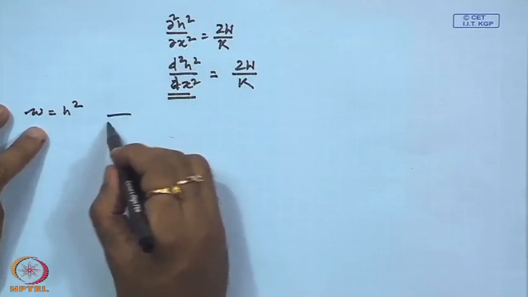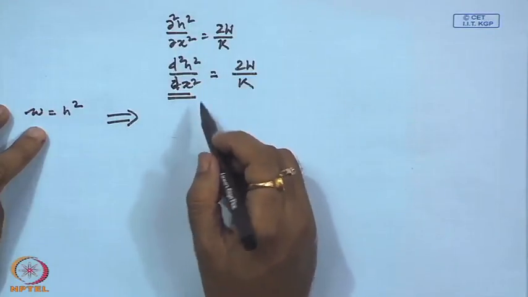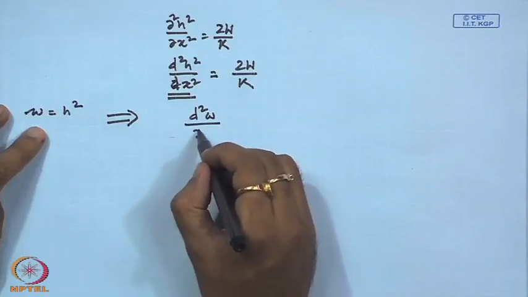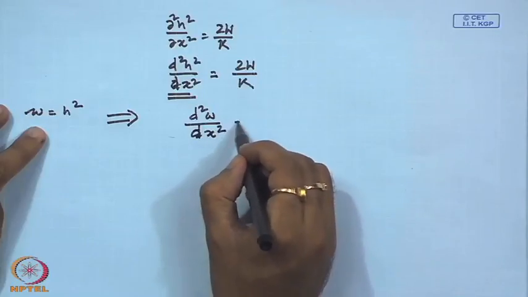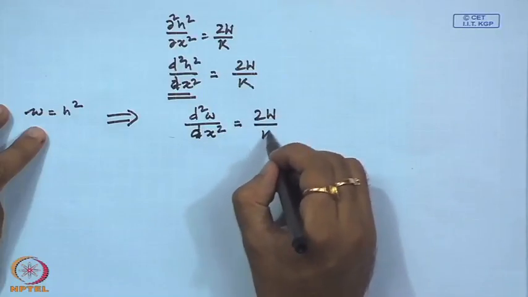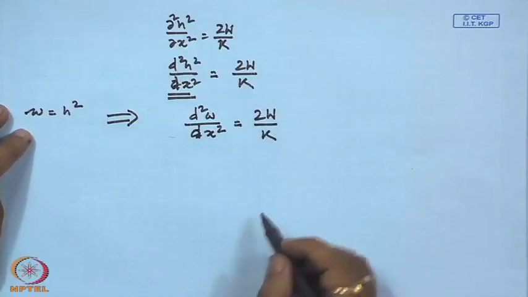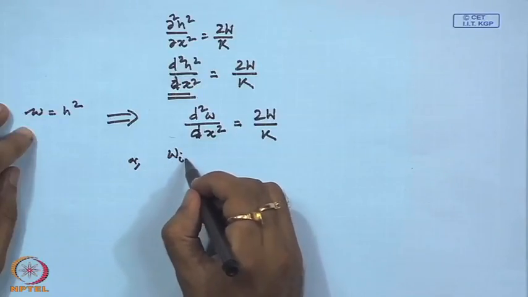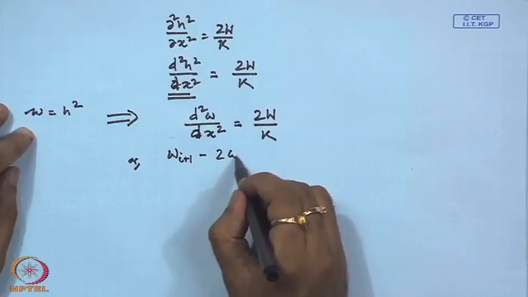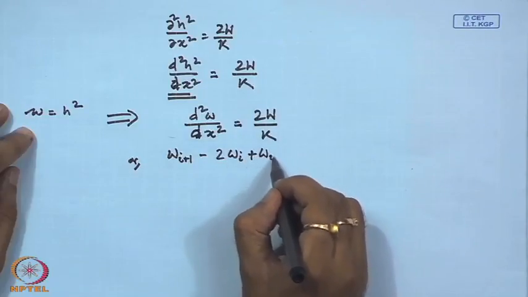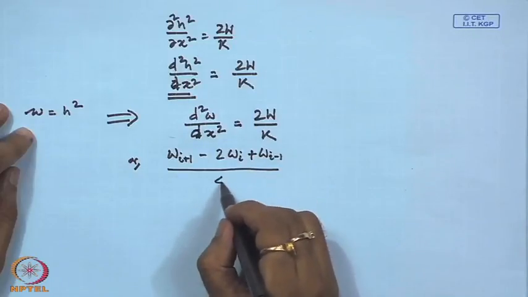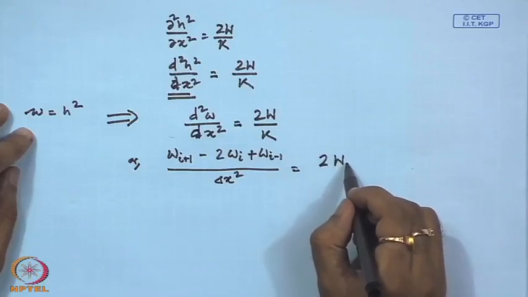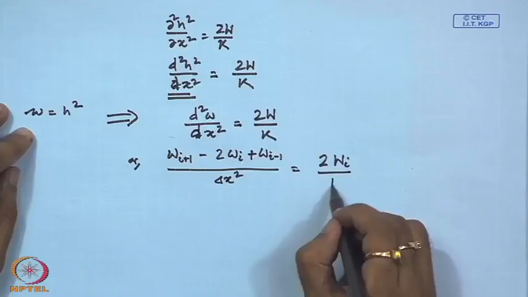With this substitution, our final equation looks like d2w/dx2 equals 2W/K, and if we apply the finite difference method, we can write it as w(i+1) minus 2w(i) plus w(i-1) divided by delta x squared, and on the right hand side it will be 2W/K.